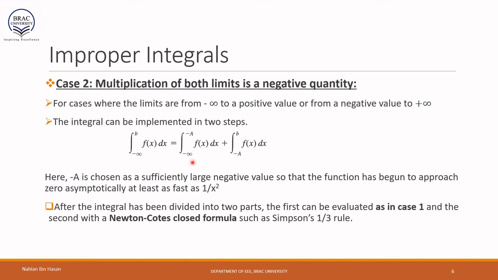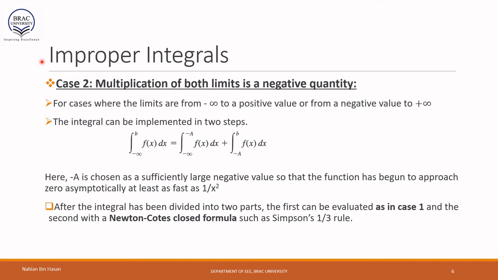Once I have divided the original integration into two separate integrations with an intermediate boundary point a, I can say that the first integral can be solved using the case 1 approach. You have seen that case 1 applies when the multiplication of the boundary limits is a positive quantity.